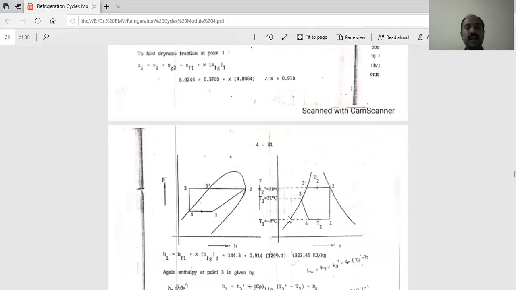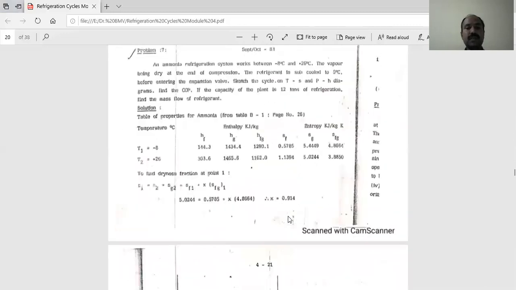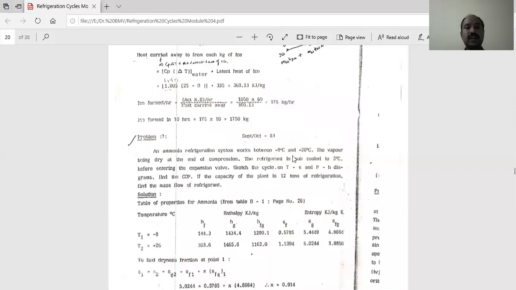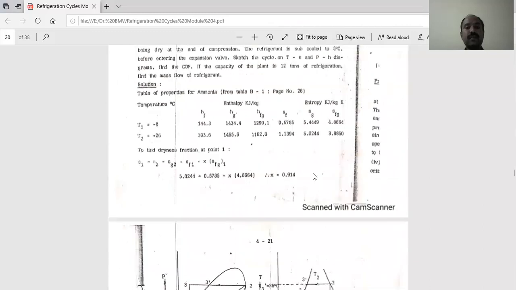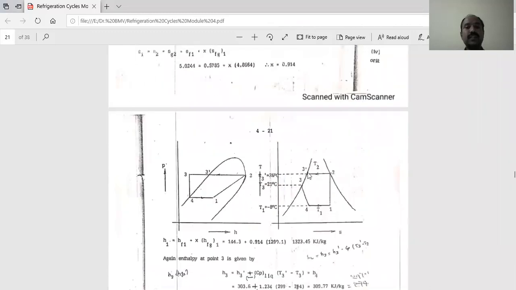Now, in the TS diagram, we have the minus 8 degrees and 26 degrees centigrade lines. Here the subcooling will be taken. While subcooling, the curve leaving from 3 becomes 3 to 4.